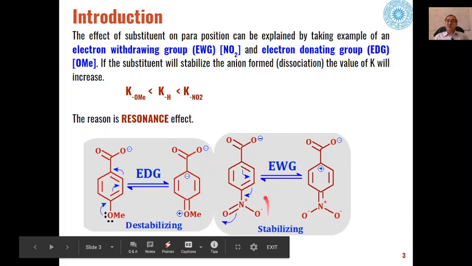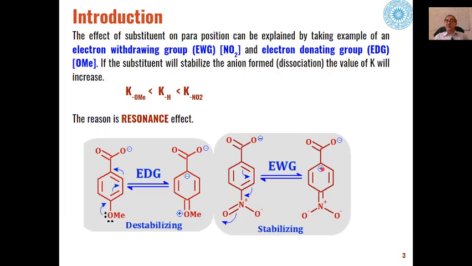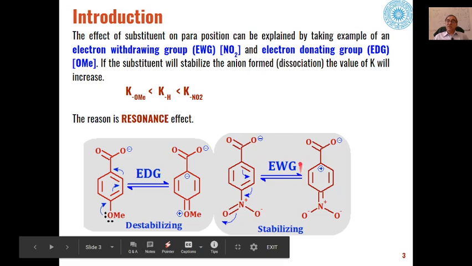Similarly, if we take the case of electron withdrawing group, then electron density will be attracted towards this electron withdrawing group, and you can see over here the resonating structure. Here this carbon now will be having the positive charge, which will stabilize this negative charge present on the carbonyl. So electron withdrawing groups will have a stabilizing resonating factor, whereas electron donating groups will have a destabilizing effect on these resonating structures.